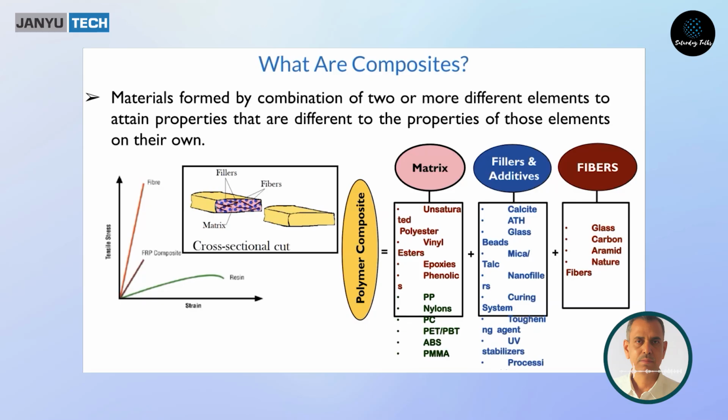FRP is a generic name, fiber reinforced polymeric composite mainly, when we are talking here. The fiber may be of any kind, the manufacturing process may be of any kind, or the resin may be of any kind. The generic name is composites.